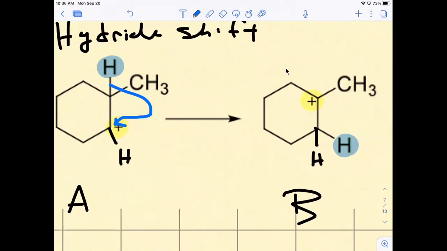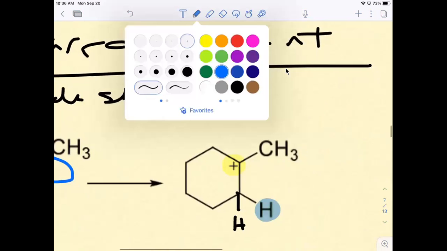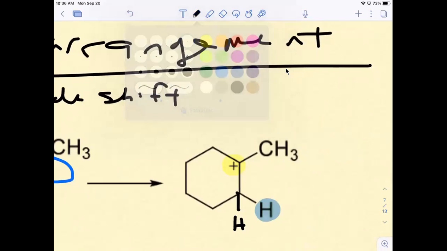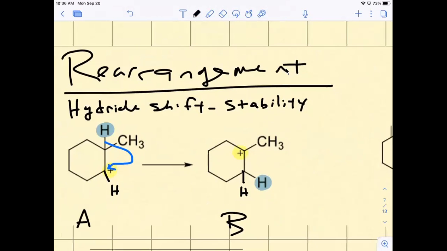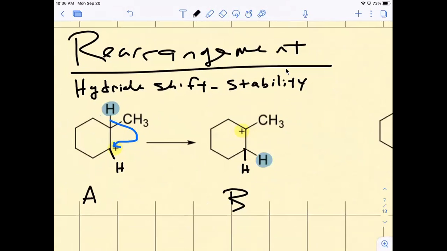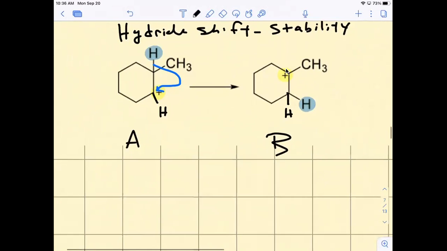All right. These hydride shifts, there's a purpose for them. A lot of times they happen in the case of trying to get to a more stable state. And so let me introduce you to another concept.